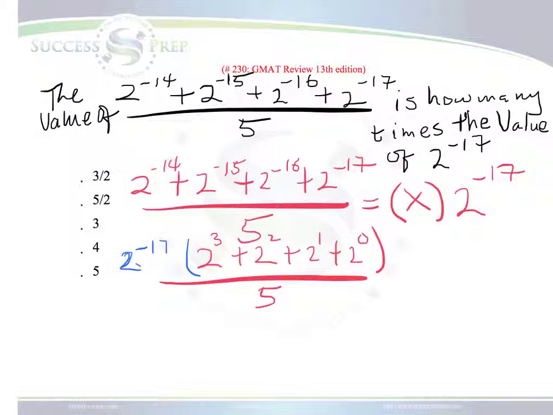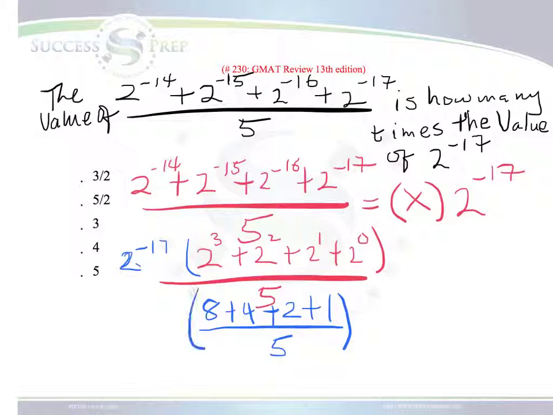Alright, so let's try to finish this up. As a result, we know that for the top power there, we're going to have 8. That's 2 to the 3rd. 2 to the 2 is what? 4. 2 to the 1 is just 2, and 2 to the 0 is 1. All of this is over 5, and you have the 2 to the negative 17 over here.